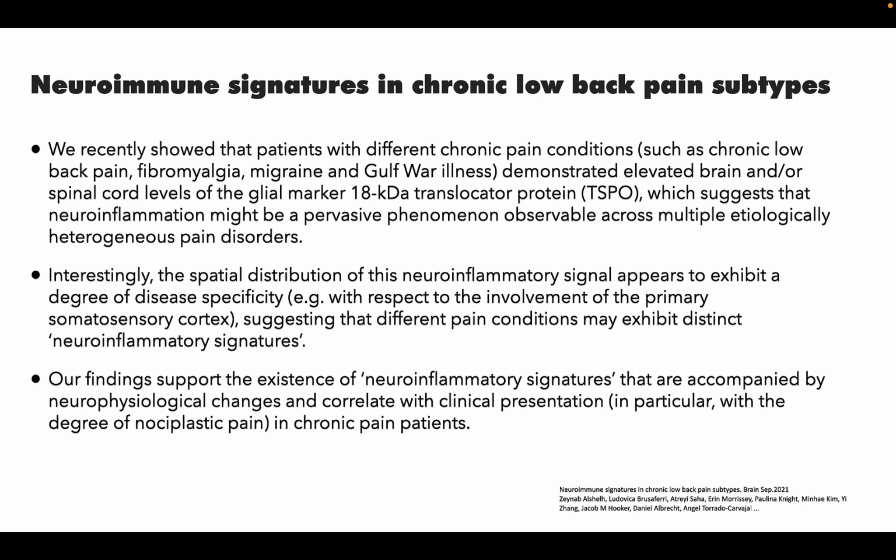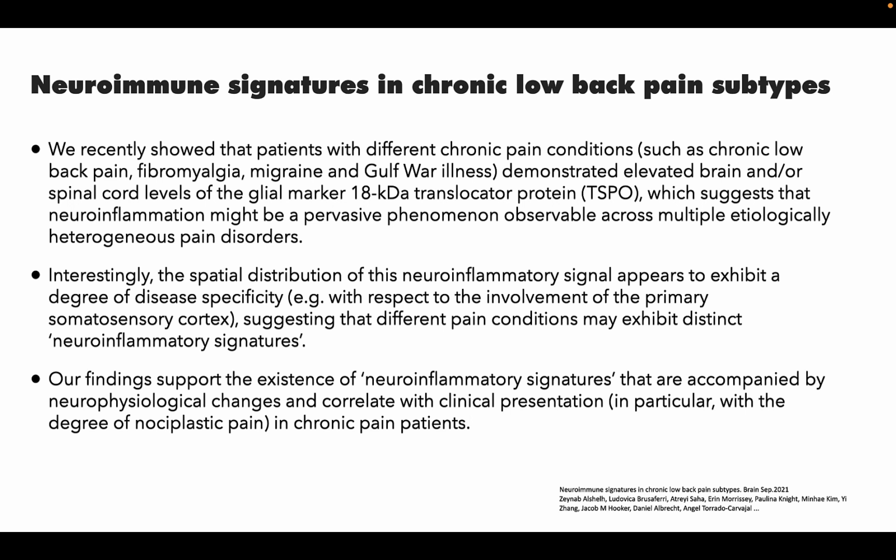Another study we touched on earlier, neuroimmune signatures in chronic low back pain subtypes. So they showed that patients with different chronic pain conditions, such as chronic low back pain, fibromyalgia, migraine, and Gulf War illness, demonstrated elevated brain and/or spinal cord levels of TSPO, suggesting that neuroinflammation might be a pervasive phenomenon observable across multiple etiologically heterogeneous pain disorders.